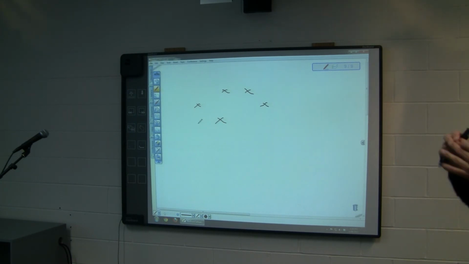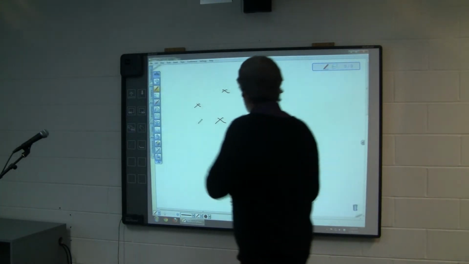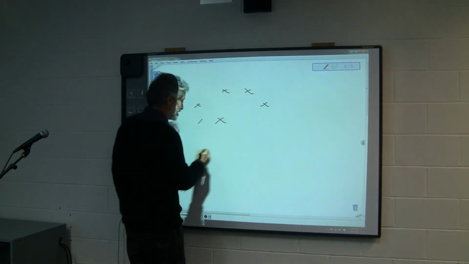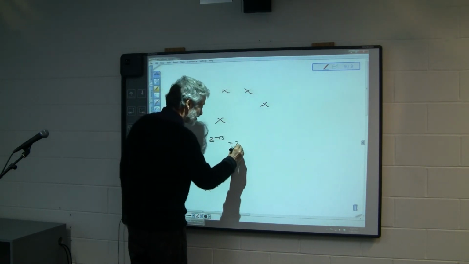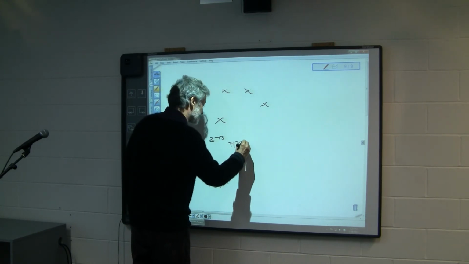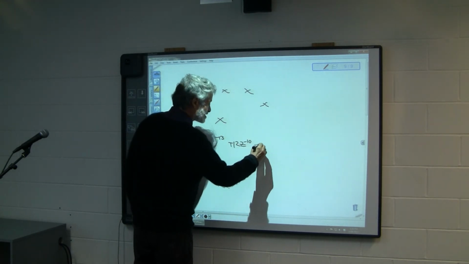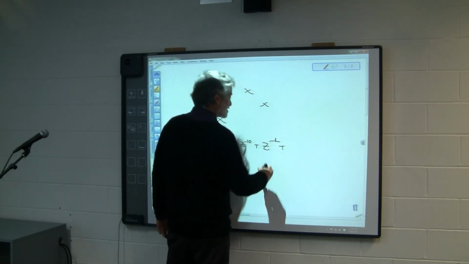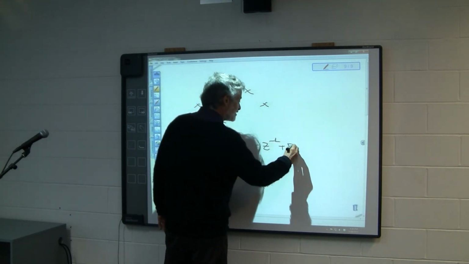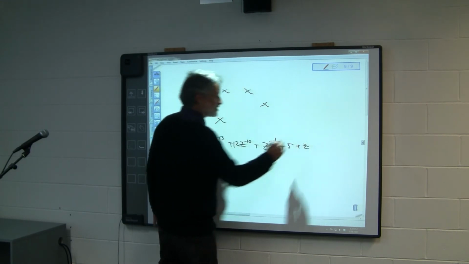Here, I want the function to locally look like, at this point, z to the minus 13 plus 12 z to the minus 10 plus z inverse plus 5 plus z, okay?